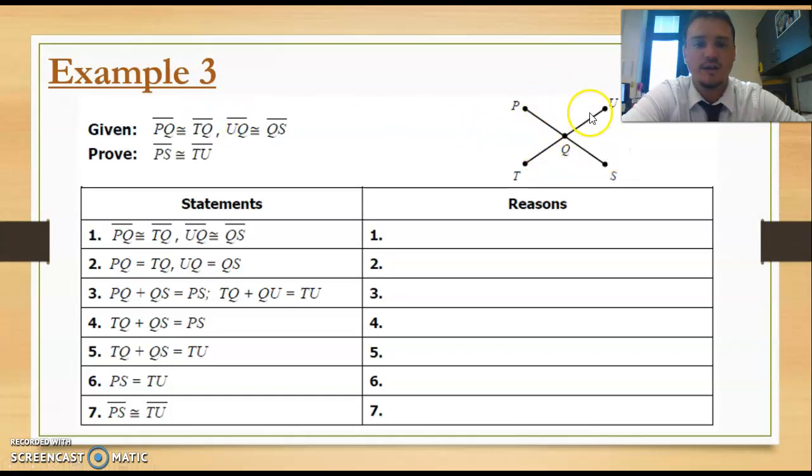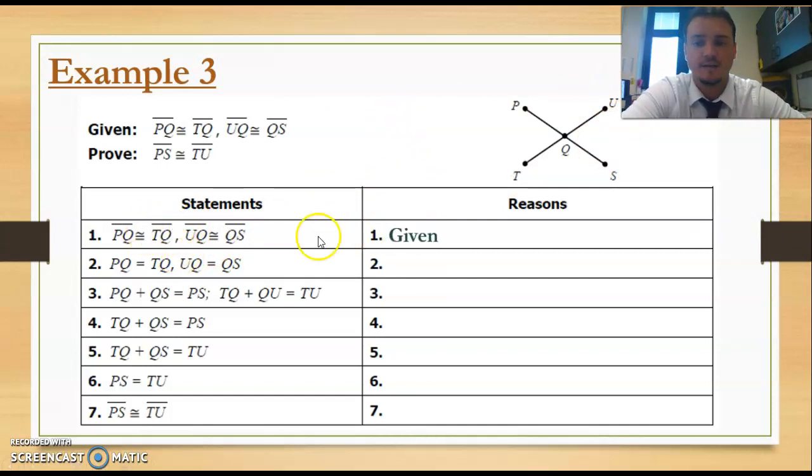And UQ is congruent to QS, so I can put 2 different tick marks on them as well. But we'll just go ahead and solve this proof out. So number 1 is a given statement again, because we're starting off with the given information. From 1 to 2, they're dropping the congruency symbol, moving to the equal sign. We can do that because the definition of congruence says that these distances have to be equal if they're congruent.